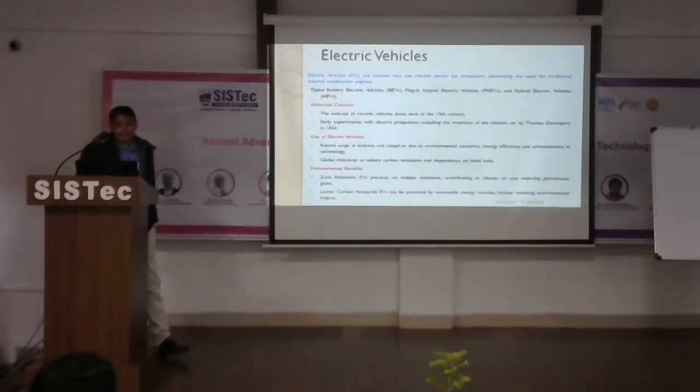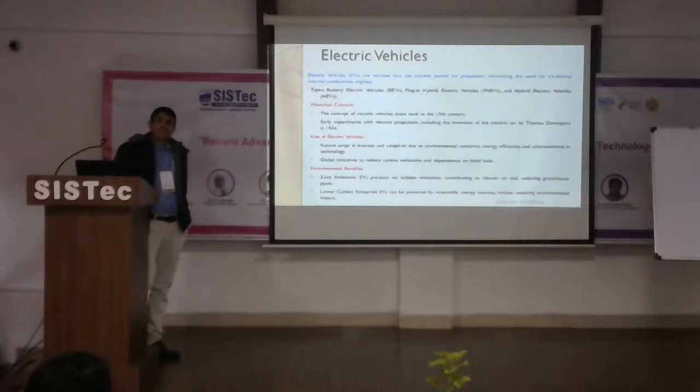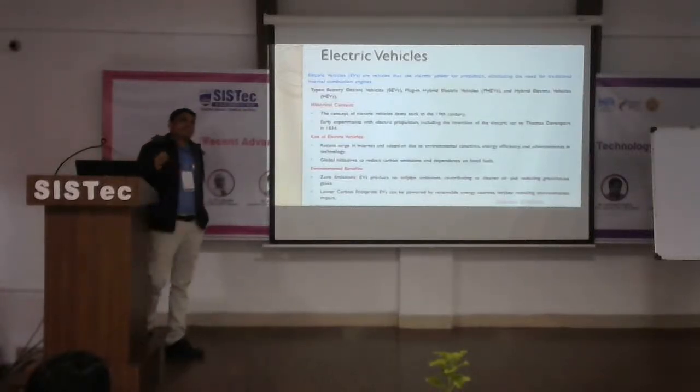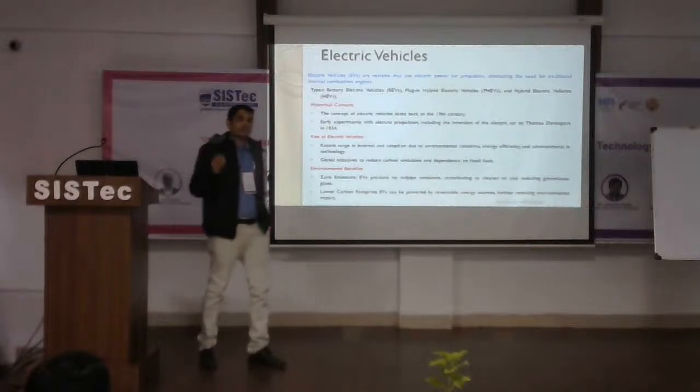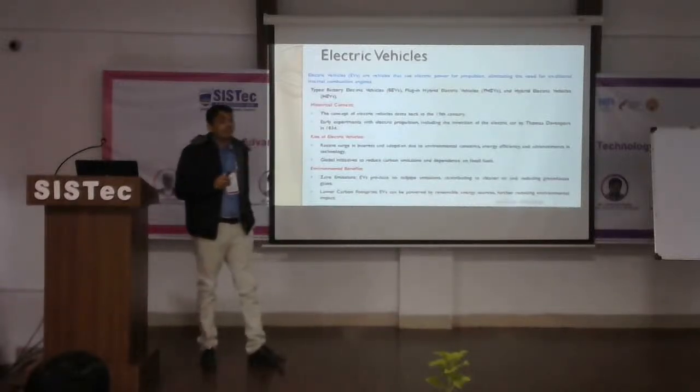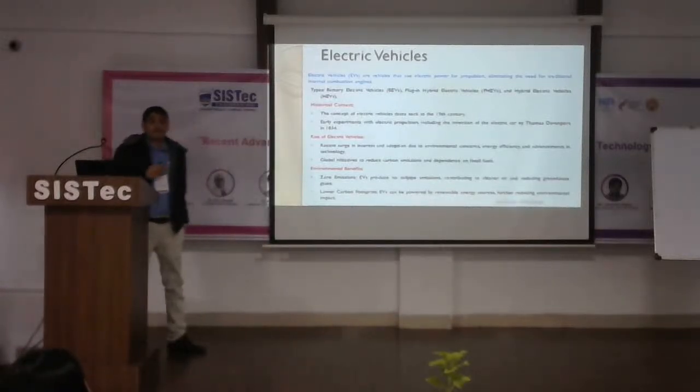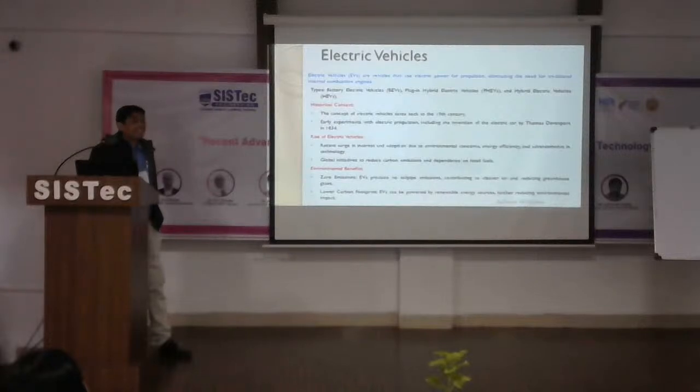The concept of the electric vehicle dates back to the 19th century. It was earlier explained with electric propulsion, including the invention of the electric car by Thomas Edison in 1834. So we are moving on this side of research and implementation of electric vehicles, but for a very long time we have been using electric traction systems.